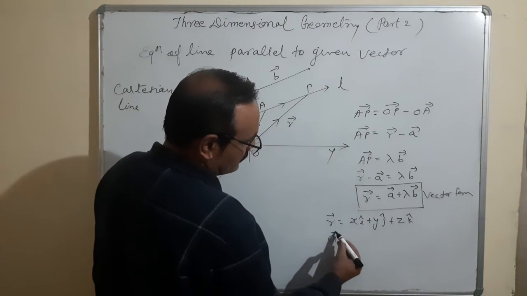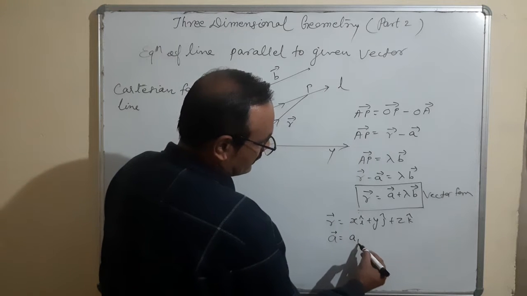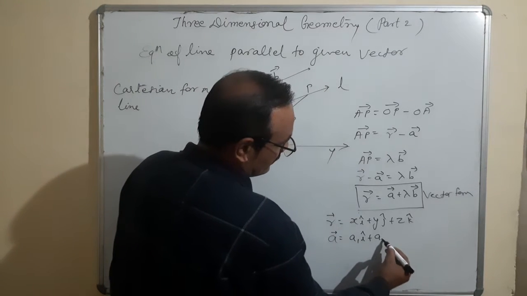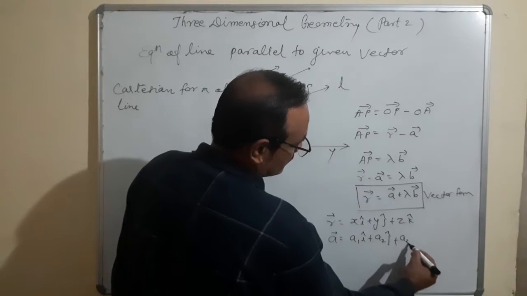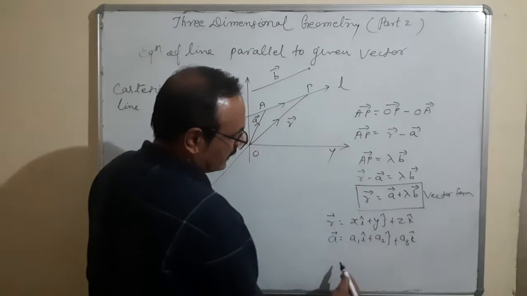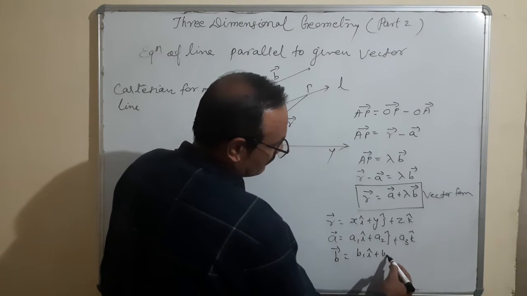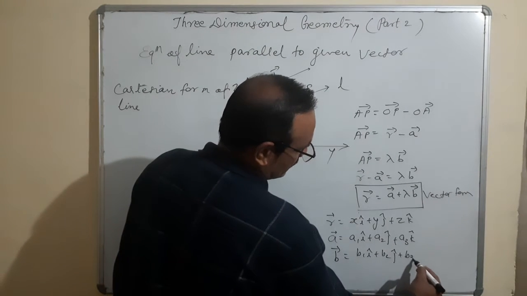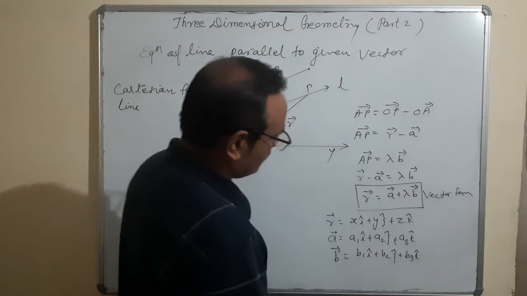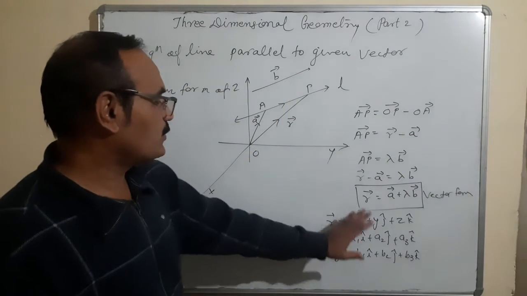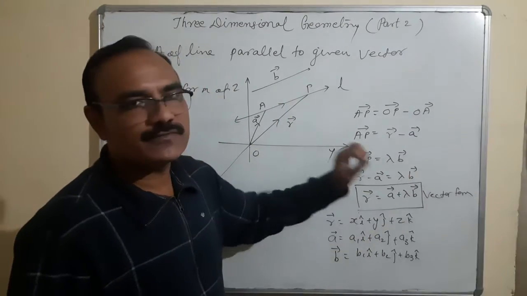Vector a is equal to, suppose I consider, a1i plus a2j plus a3k. And vector b is equal to b1i plus b2j plus b3k. Is it okay? So these three I have considered. Now I am going to put the values of r, a, b in this vector form equation.